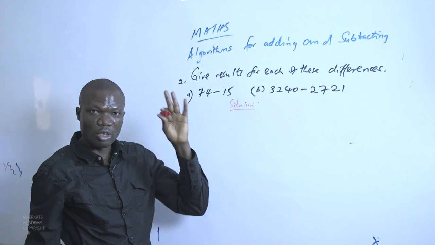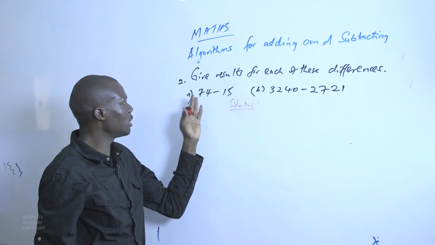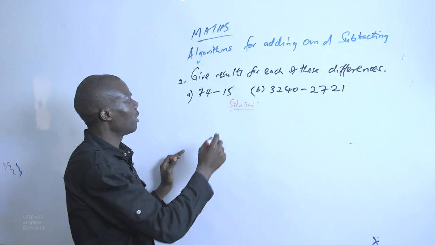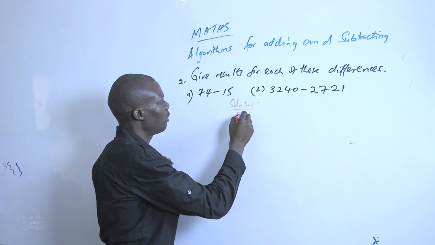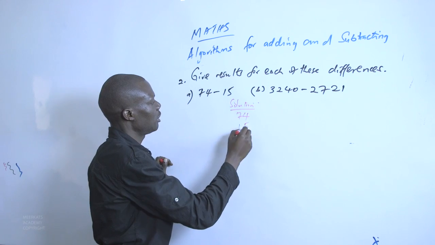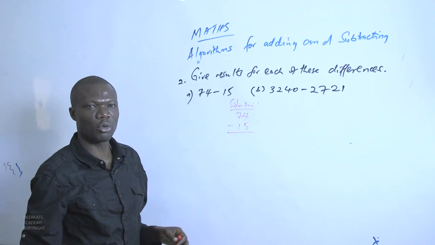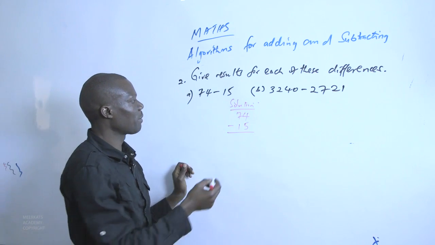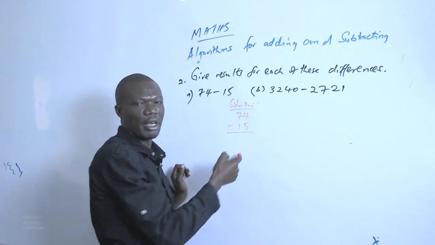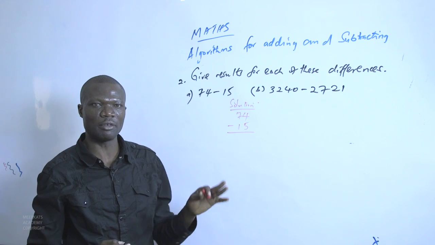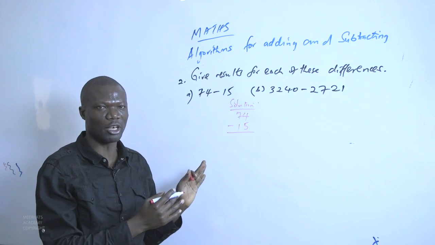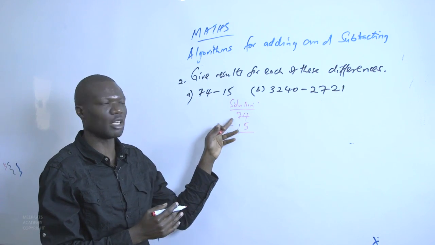As usual, you arrange the two vertically, so we shall have 74 and 15. And show the sign, it's subtraction. And then we approach it right from the first column, which is 4 minus 5. 4 is less than 5. So we shall borrow 1 from the next column, which is from 7.